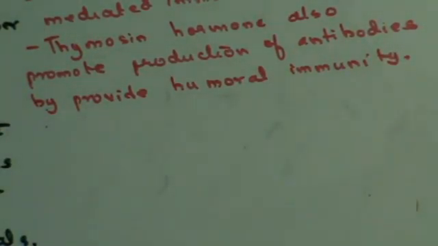What would happen if the thymus gland would degenerate? Degeneration of the thymus gland occurs in old individuals. If the thymus gland degenerates, automatically there would be a decreased production of thymosin, as a result of which your immune response would be weakened. You would fall sick very easily.